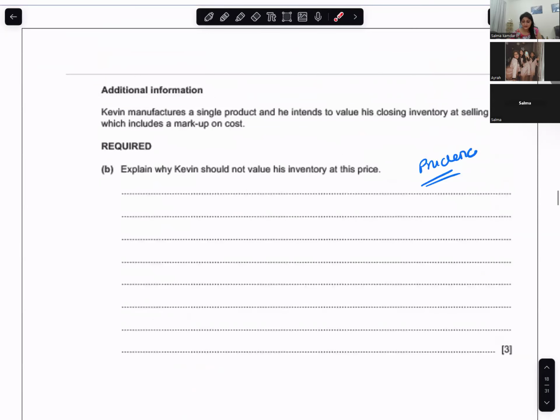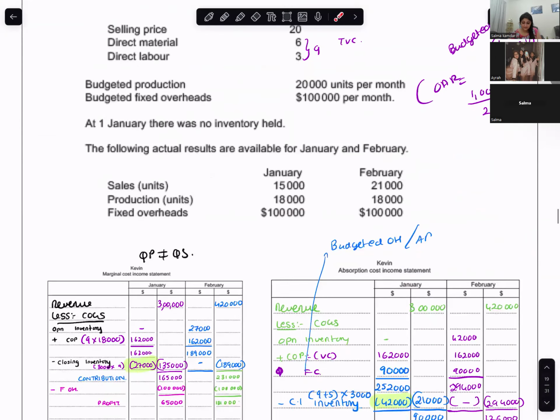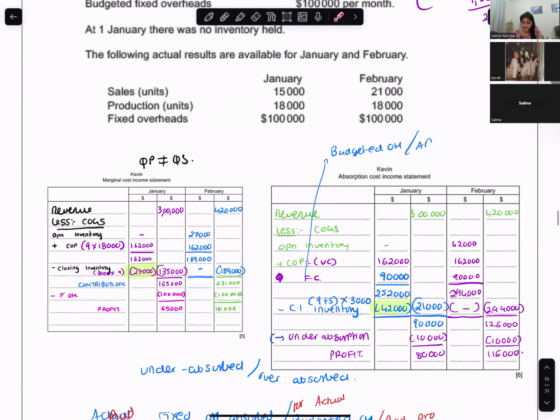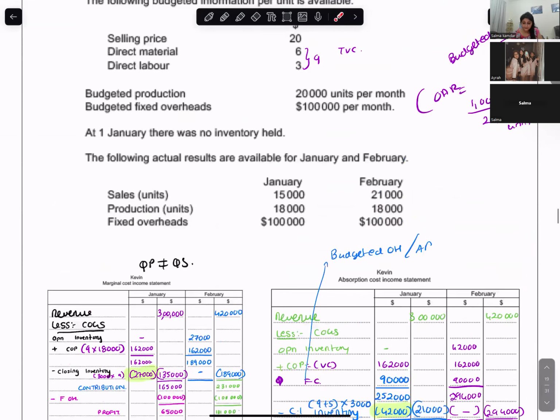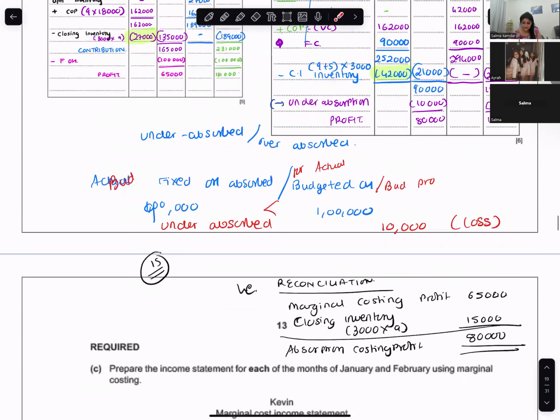Why you should value your closing inventory at lower of cost or selling price? Because it's said in the principle of prudence that you're supposed to take the lower of both. Lower of what both? The cost price and the selling price. Okay.